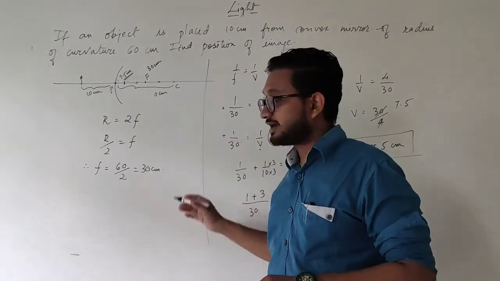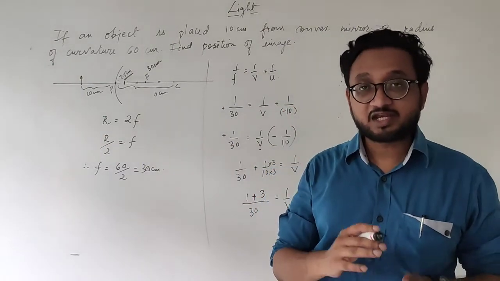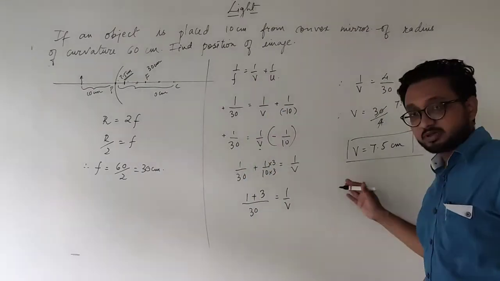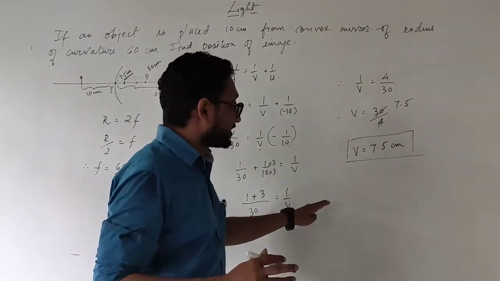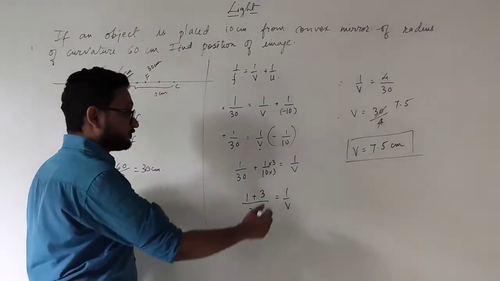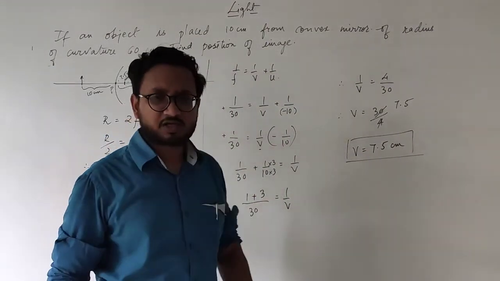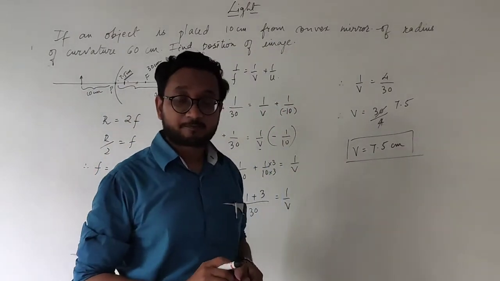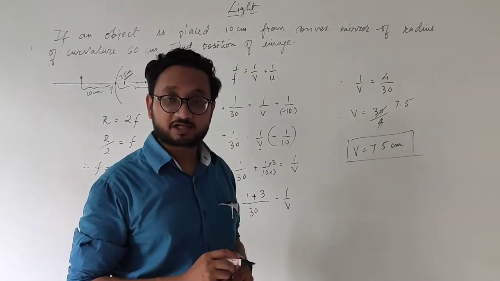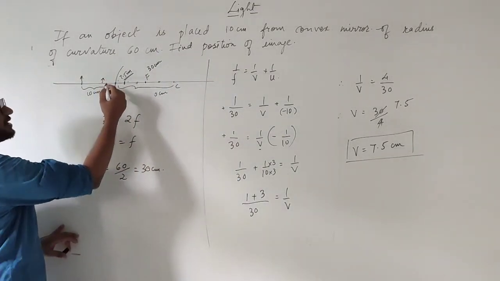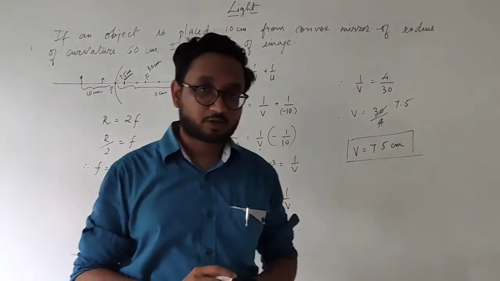So you get the idea of how to solve the numerical and whether you are making any mistakes or not. Let's say by chance you made a little mistake in this numerical, and somehow you are getting the answer as minus 7.5. Suppose you forgot to change the negative sign over here, and whatever minor mistake you made, you are getting the answer as negative. If you are getting the answer as negative, it means that your image is formed somewhere over here, which is not possible in a convex mirror.